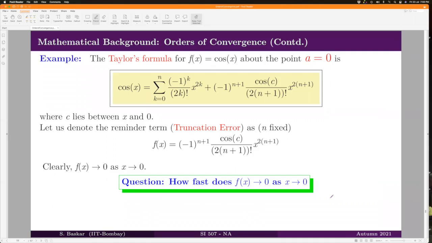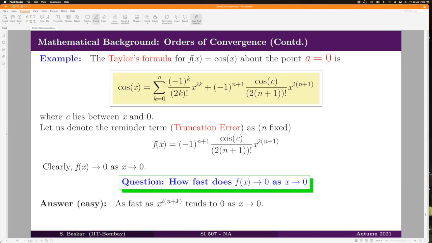We can see that f of x goes to 0 as fast as x to the power of 2n plus 1 tends to 0, because f of x is a constant times x to the power of 2n plus 1.